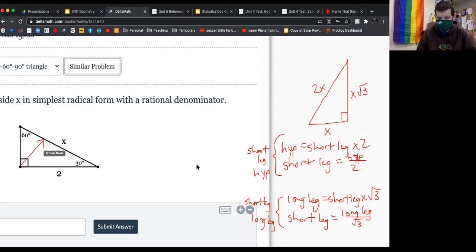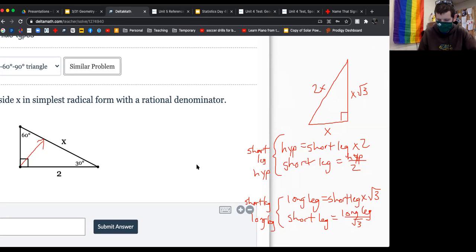Notice we don't have a direct relationship, like a direct equation we can use for that. We could come up with one. We certainly could, but it's really not worth our time to do that because that just adds some extra complexity. And anyways, let's just first of all solve for the short leg. So I know the long leg. I'm trying to solve for the short leg.